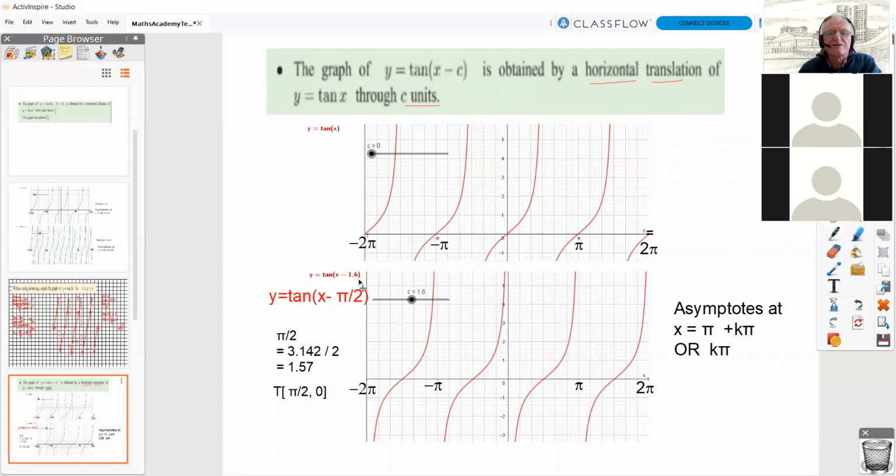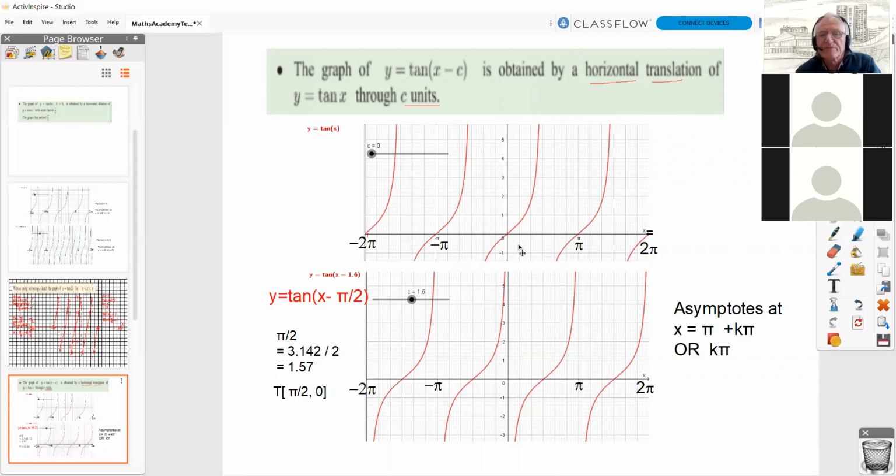Why did I do 1.6? Well, pi on 2 is 3.142 roughly divided by 2, which is 1.57. It's roughly 1.6, isn't it? So really, what I've done is pretty much y equals tan x take pi on 2. So C is pi on 2, means it's a translation of pi on 2 to the right.